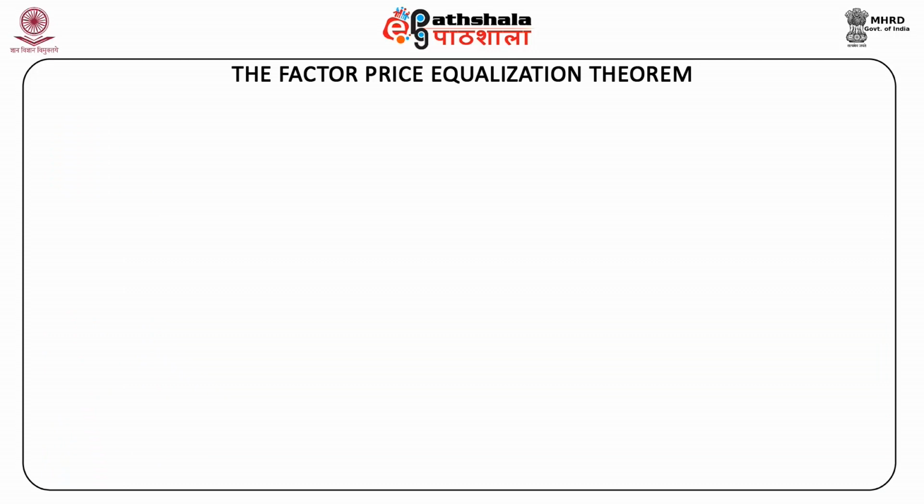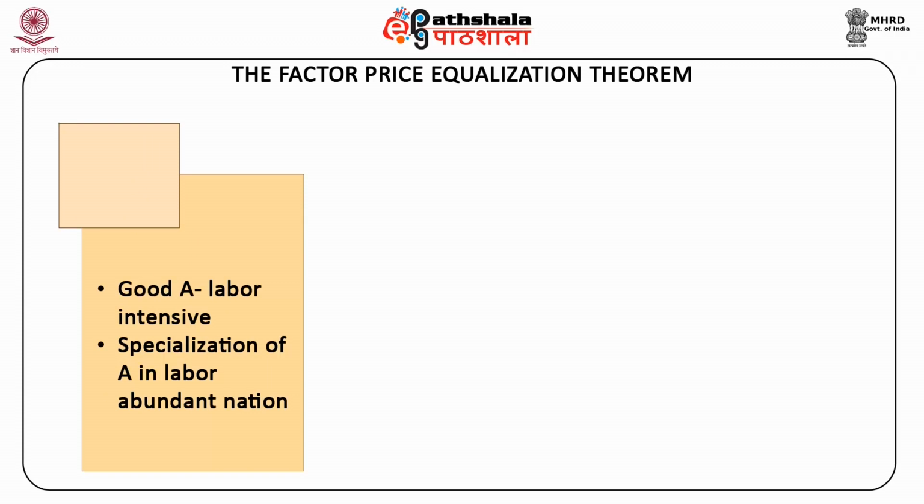As Nation 1 specializes in production of good A, the labor-intensive commodity, it will require more resources, that is, labor and capital.